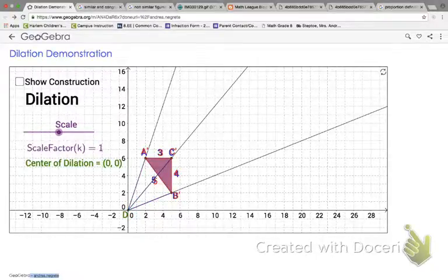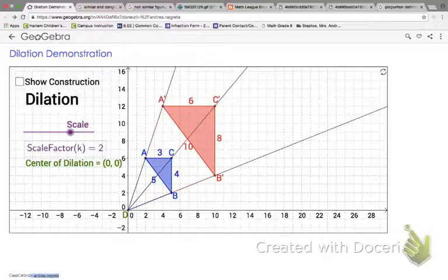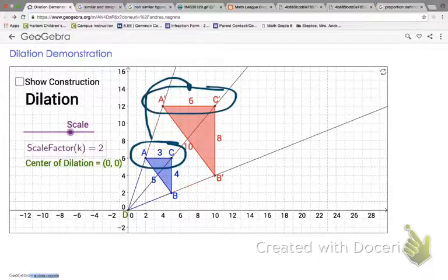So let's talk a little bit more about ratios and proportions. If we dilate triangle ABC by a scale factor of 2, notice what's happened to the side lengths from AC to its corresponding side, A prime, C prime.